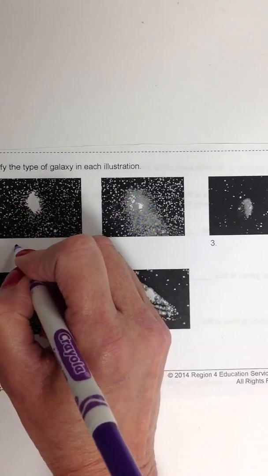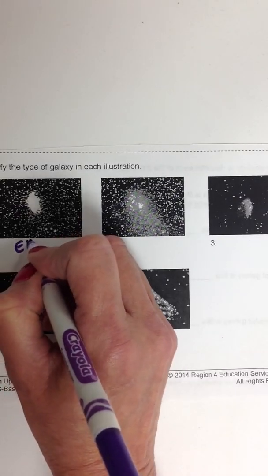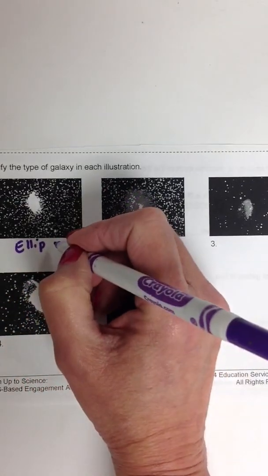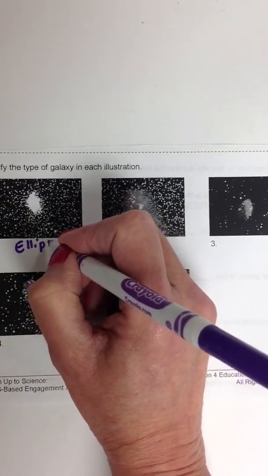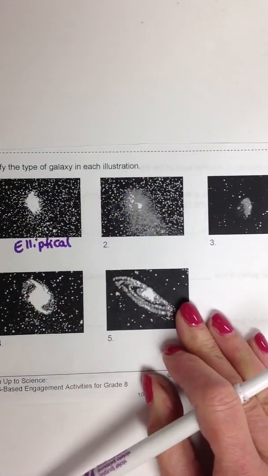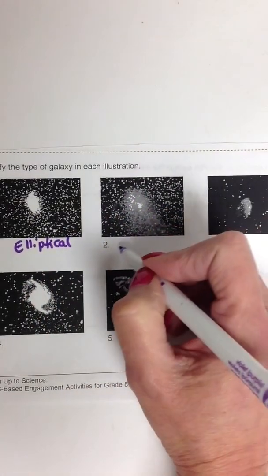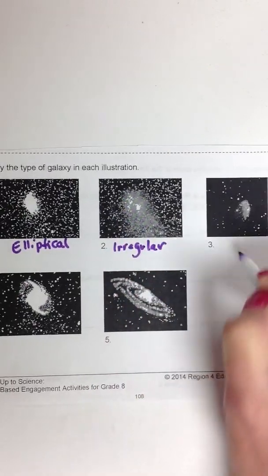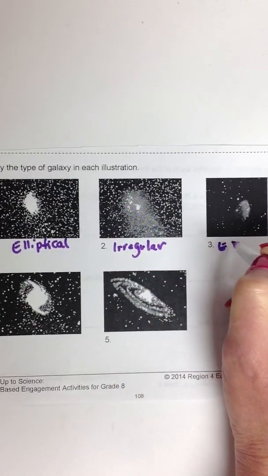So we might refer to this as an elliptical. You might have called it an irregular, which is absolutely fine. Like I said, it's very hard to distinguish unless they're perfectly roundish or oval in shape. I would have referred to this one as an irregular, and this one again as an elliptical.